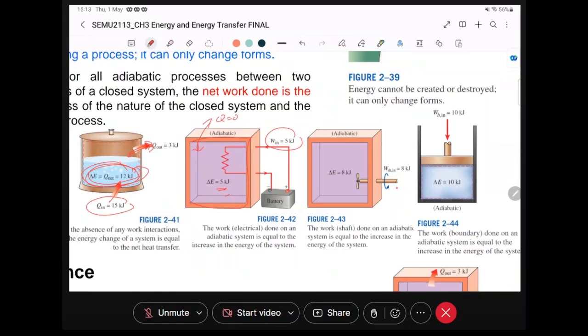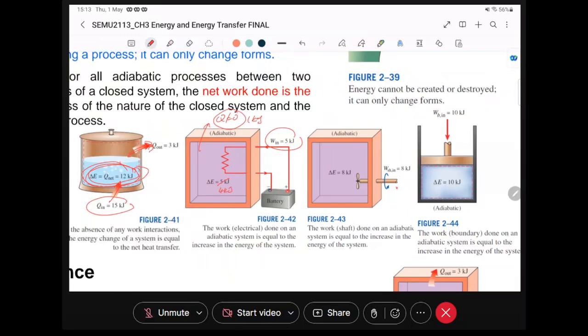Same with this, if it's adiabatic, of course. If there is a change, this is not equal to 0, then this will not be 5, maybe 4, because 1 kilojoule maybe goes out from there. Or it might go in. If it goes out by 1 kilojoule, then this will be 4 kilojoules.